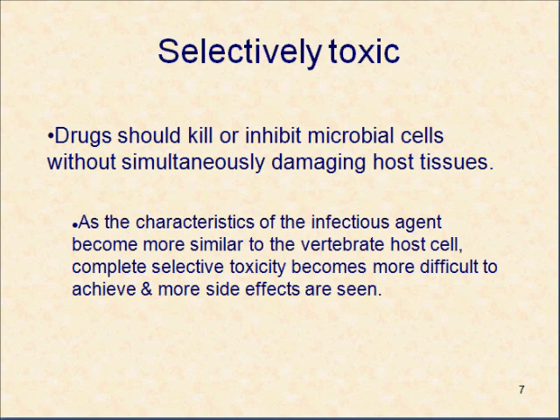So we have eukaryotic cells. If the microorganism we're dealing with is a eukaryote, it's going to be much more likely to cause us problems than if, say, we were dealing with a prokaryote. So complete selective toxicity becomes more difficult to achieve, and more side effects are seen, again, the closer that we are to the host cell.